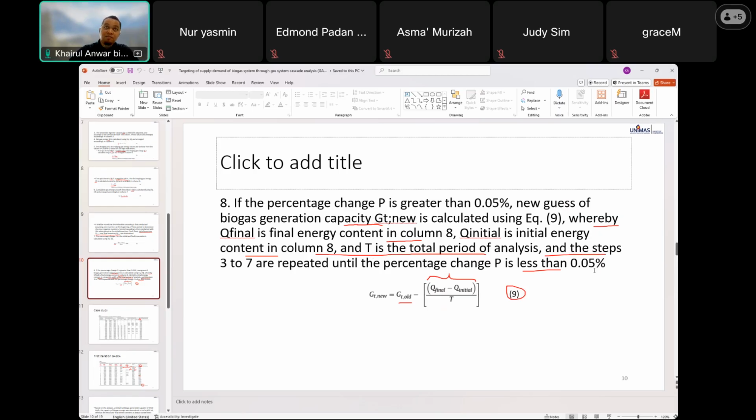So how long you iterate is why we need to use Excel to do it. But it can be done using manual calculation. You need to do it until the change of P, equation 8, is less than 0.05%.